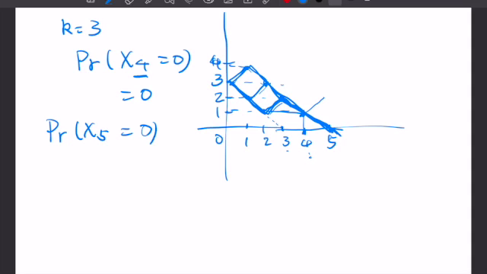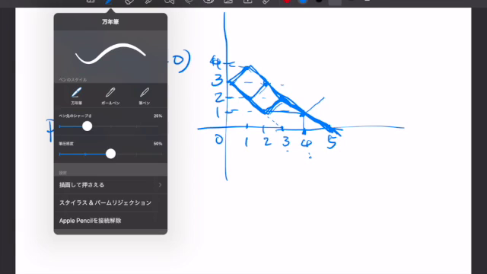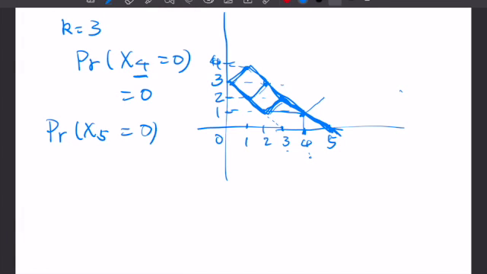So in any case, Alice loses 4 times and wins one time, right? She either wins the first game or the second game or the third game. Anything else cannot lead to this point.